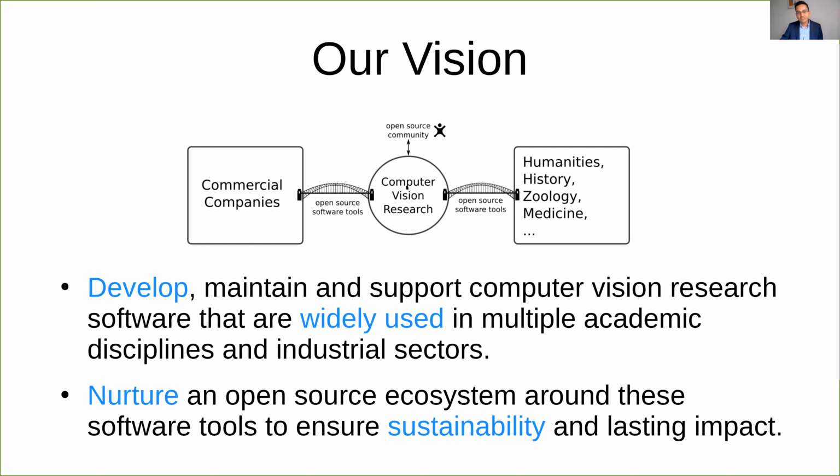This vision is very nicely demonstrated by this diagram on the top, where we are a computer vision research lab, and we build bridges with other departments, other academic disciplines, using open source software tools. We also communicate with commercial companies and help them use our tools. And then we have an open source community who also supports all these tools.